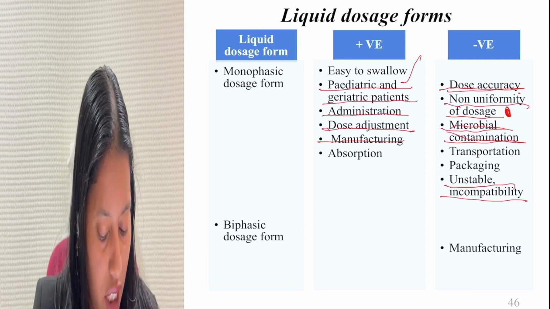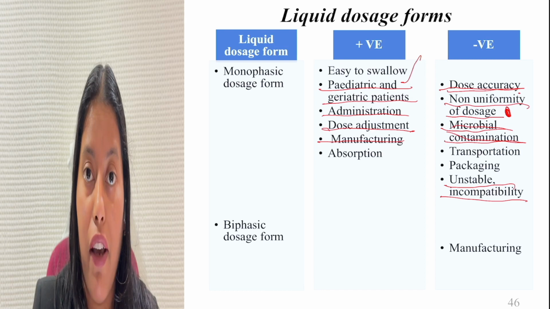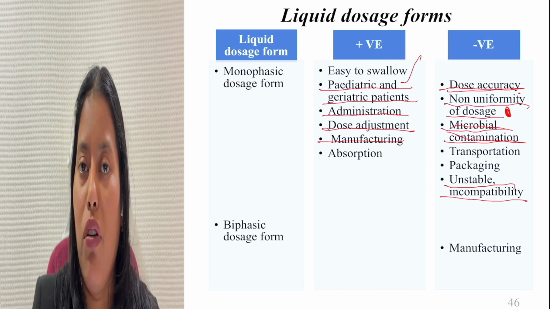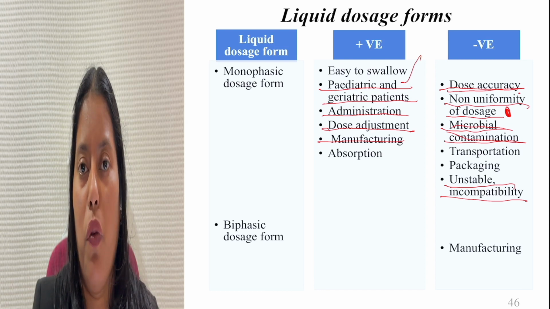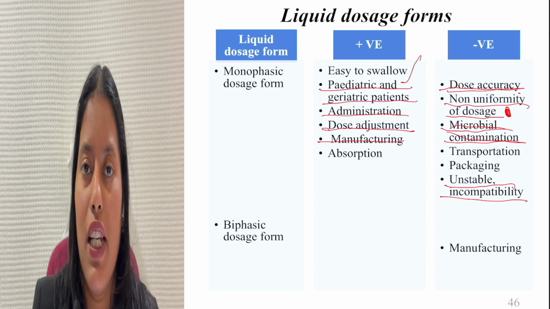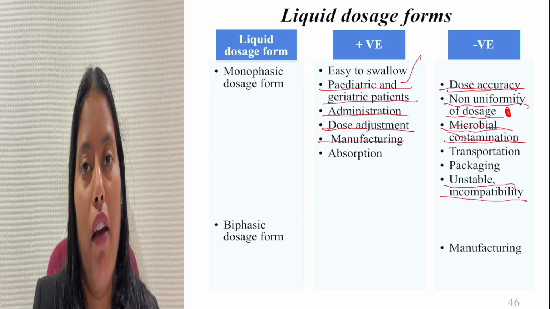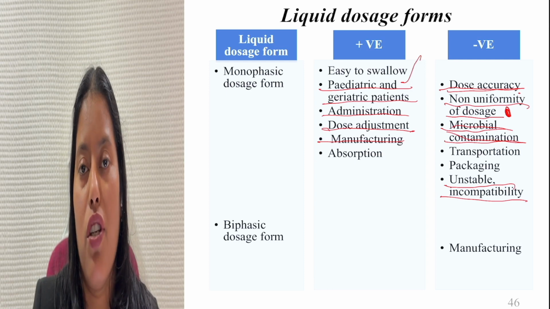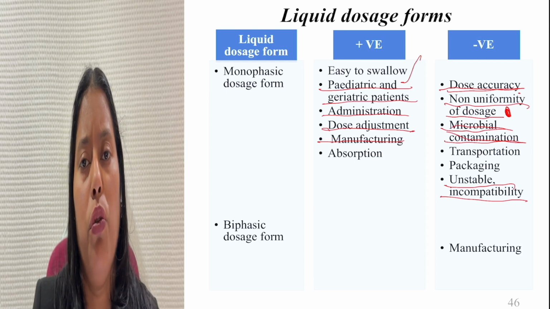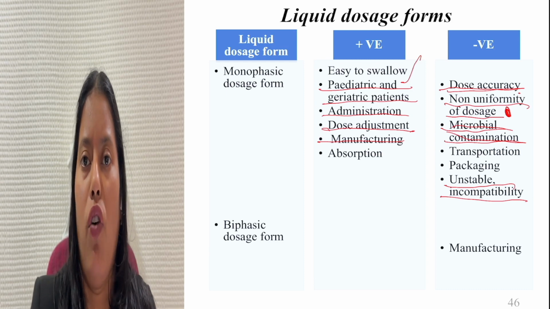Now, one more disadvantage is manufacturing of biphasic liquids. Simple solutions are easy to prepare. You have to mix the ingredients, solubilize them, you may filter it, and then you have to pack it. But in case of biphasic liquid dosage forms like suspension, you have many steps involved in the preparation.